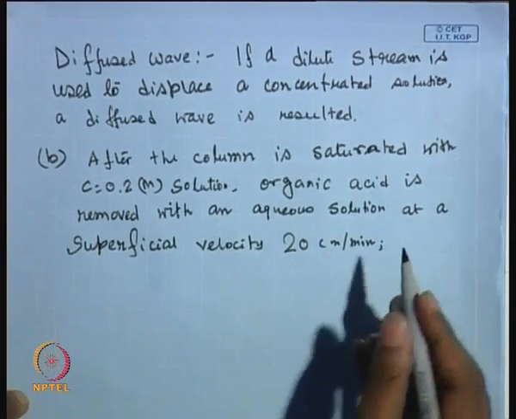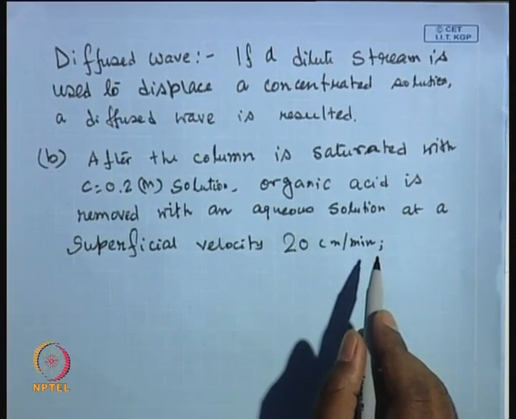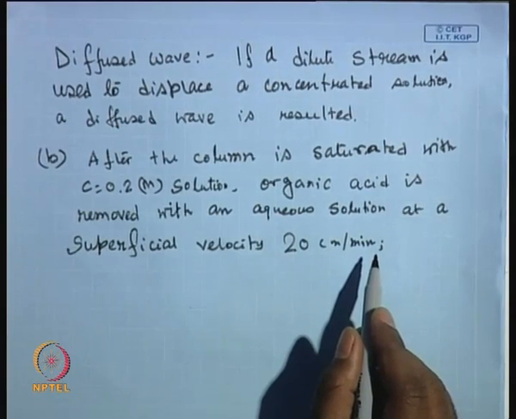Okay. Just check that in part A we are injecting the column with a lower velocity, 5 centimeter per minute, during the adsorption cycle. On the desorption cycle, we are sending the aqueous solution at a velocity which is 4 times the earlier one. It is 20 centimeter per minute.